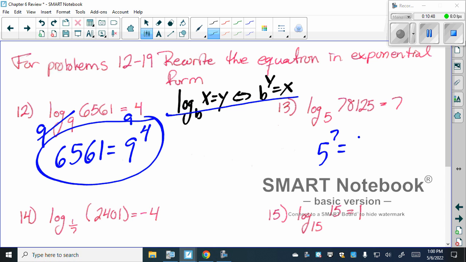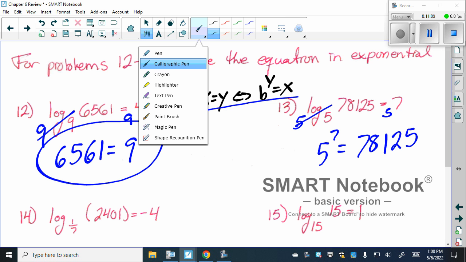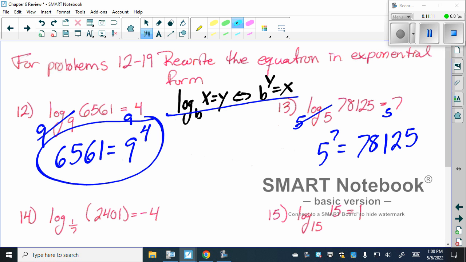Equals? Yes. Because I could put both sides to the fifth power, or to the fifth base. Those are gone, giving us 78,125, and the other is 5 to the 7th. Answer ourselves. But the nice thing with this here is, can we type 5 to the 7th into a calculator?